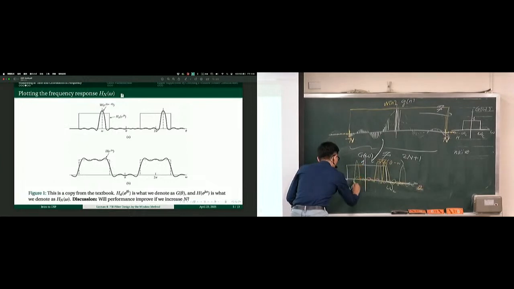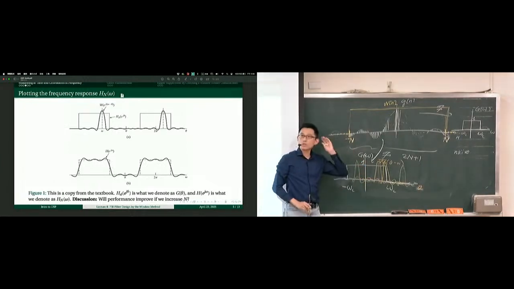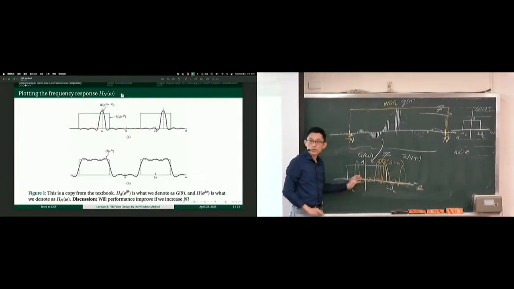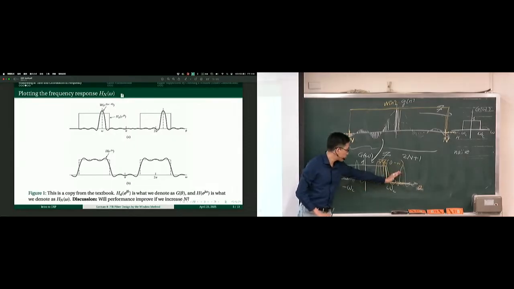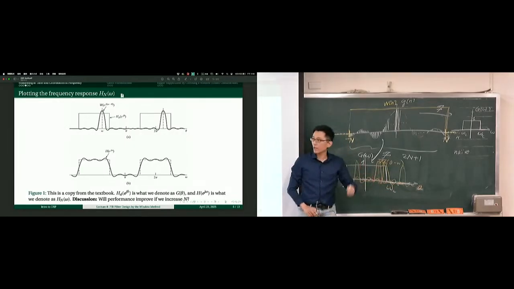Moving W, I suggest you try to imagine now we're moving W to the right and to the left, because we need to do that for convolution. Whenever we move it, we just evaluate the integral. Move and evaluate the integral.